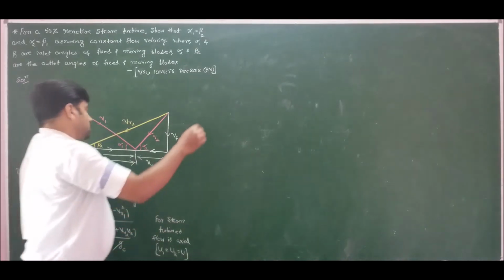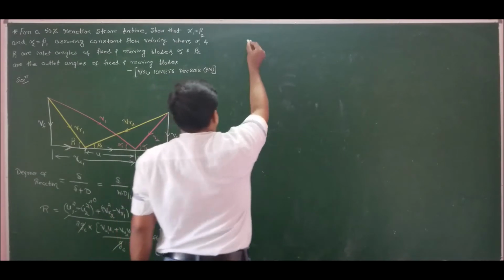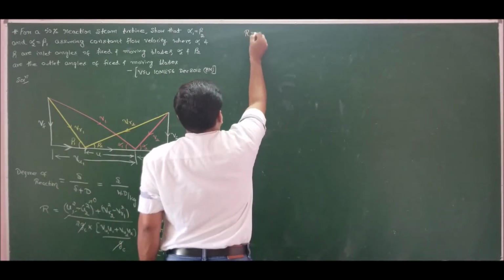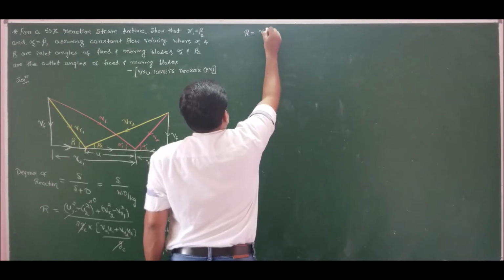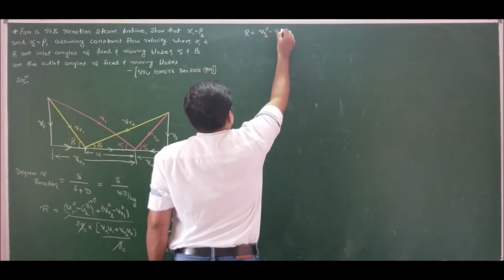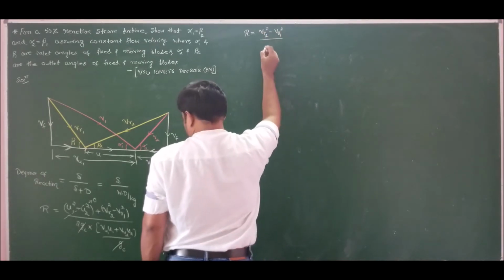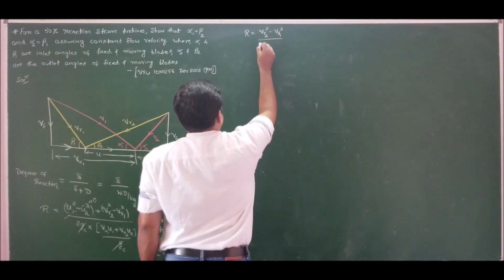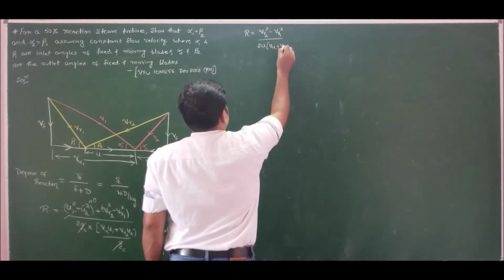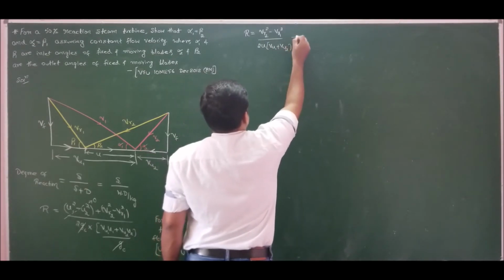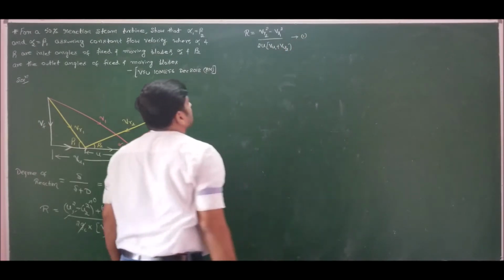So therefore, the expression for degree of reaction will now become R is equal to VR2 square minus VR1 square divided by 2 times U of Vu1 plus Vu2. Take it as equation number 1.